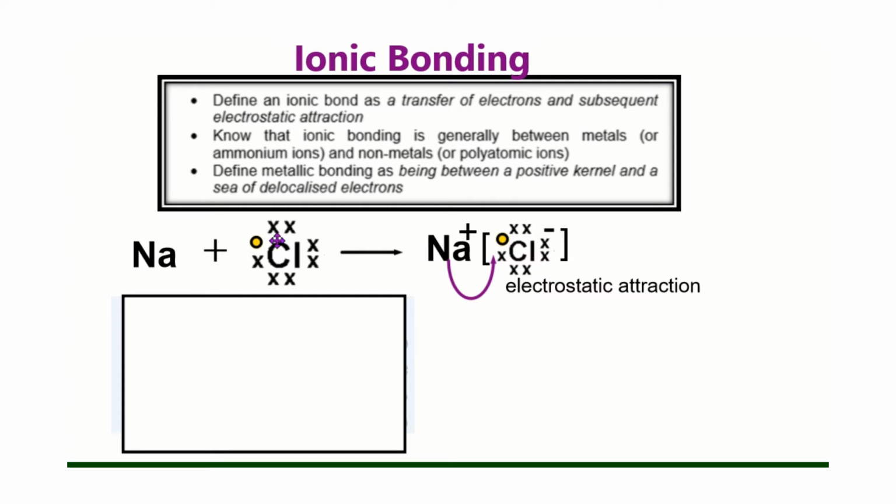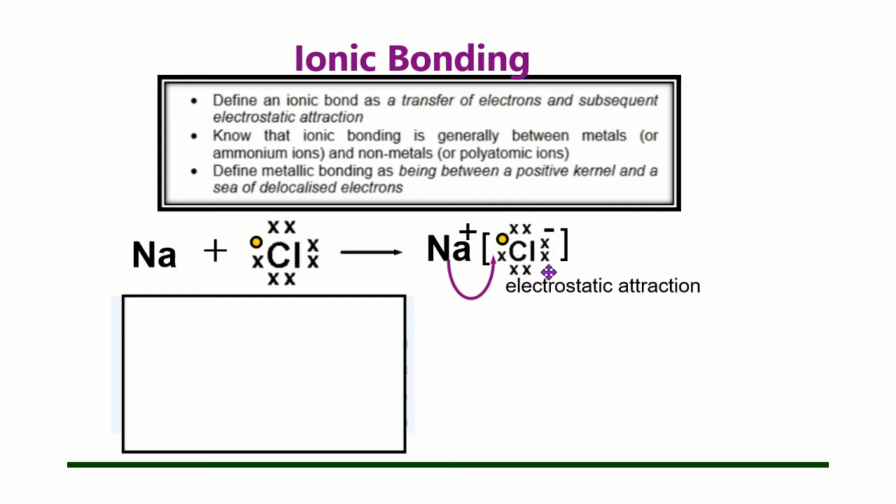And so we do not get a molecule when we look at an ionic bond. A molecule is a result of an equal or unequal sharing of electrons. So there has to be a covalent bond or a polar covalent bond to make a molecule.